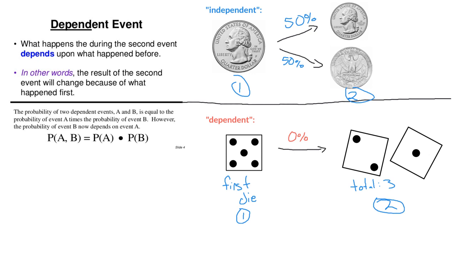So what we're seeing here is a great example of dependent events, because the probability of event B, meaning getting a total of 3, is 0% only because event A was more than 2, right? The first die was greater than a 2.